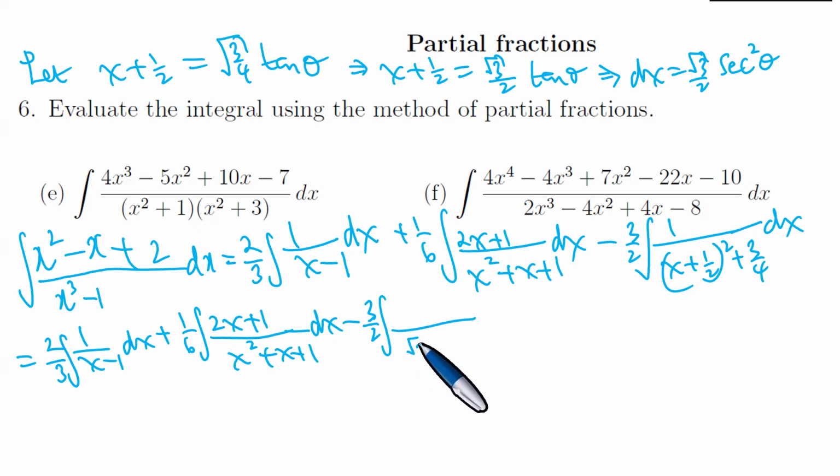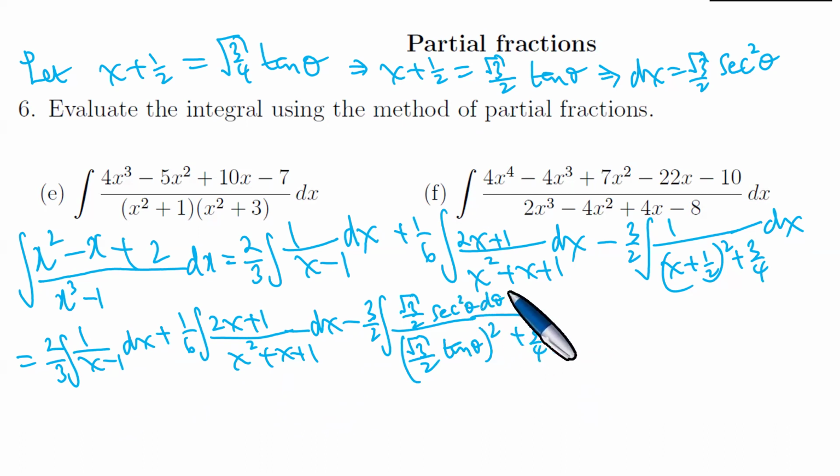So that you have this one here, the tangent of theta, but you square this, plus 3 out of 4. The dx becomes the square root of 3 out of 2 the secant squared, d theta.